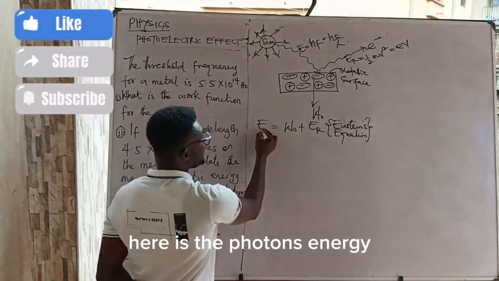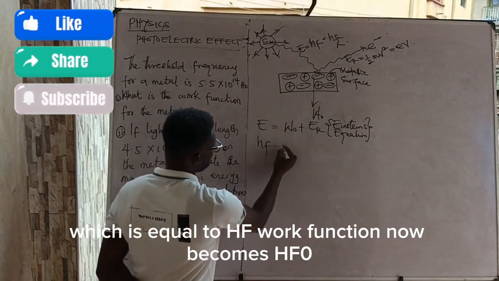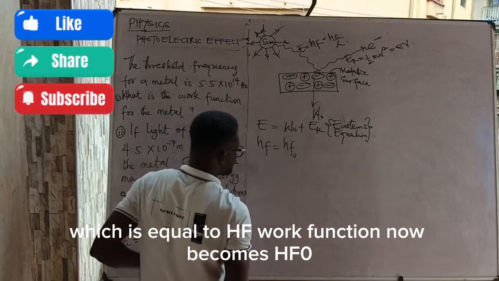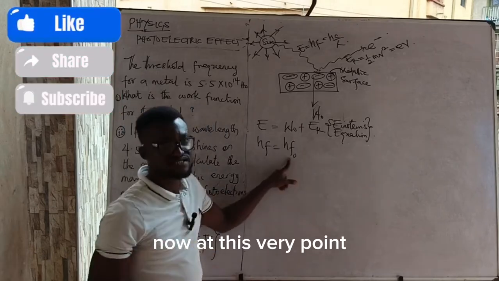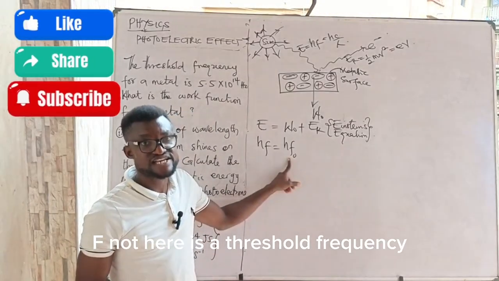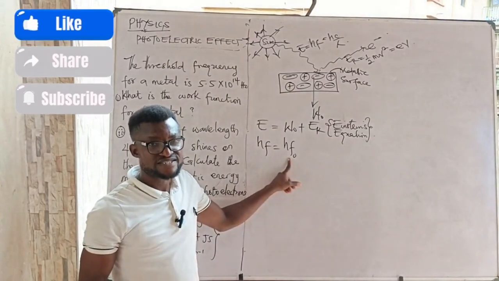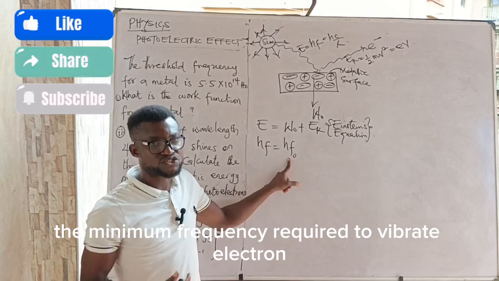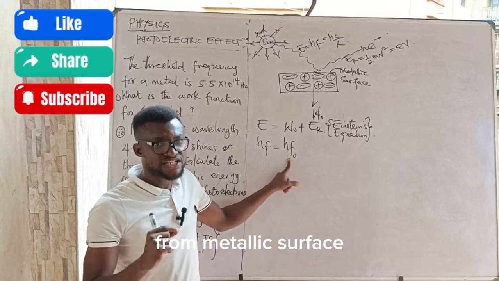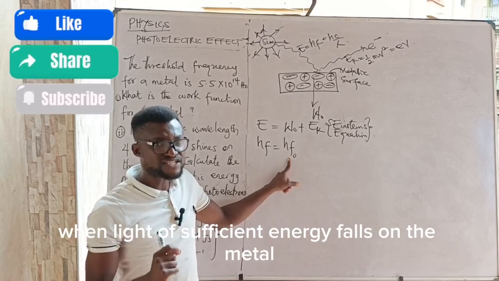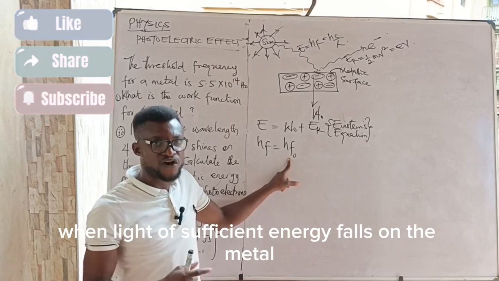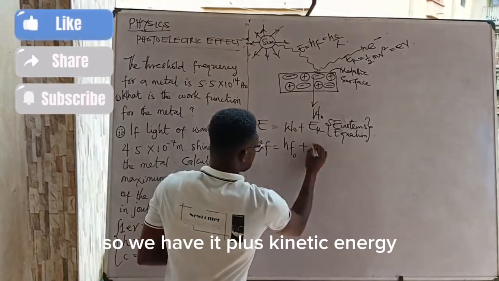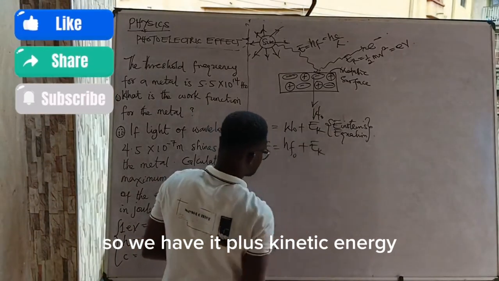Here is the photon's energy, which is equal to hf. The work function now becomes hf0. At this point, f0 here is the threshold frequency. That's the minimum frequency required to liberate an electron from the metallic surface when light of sufficient energy falls on the metal. So we have it, plus kinetic energy.